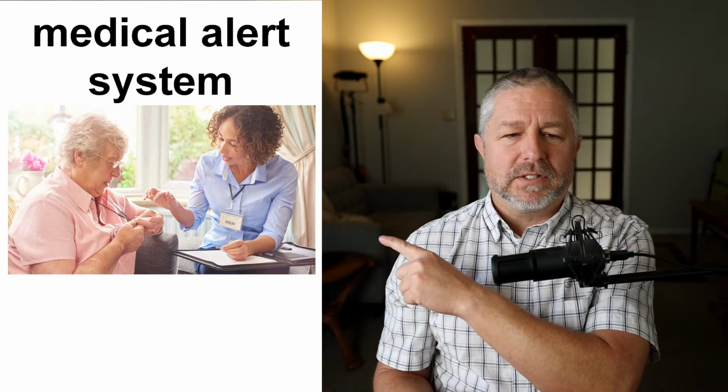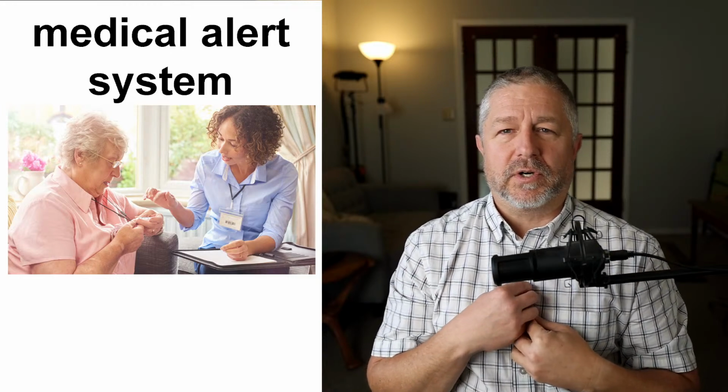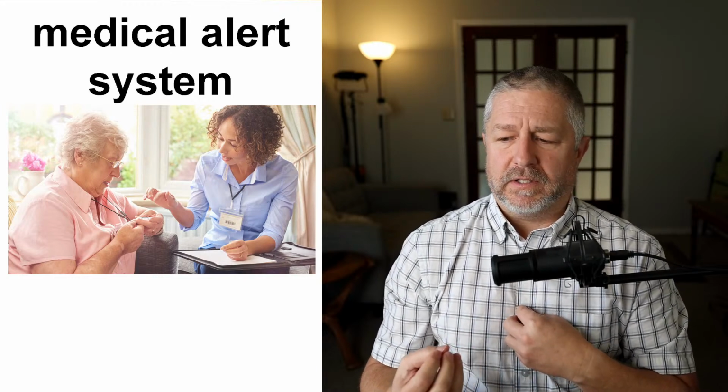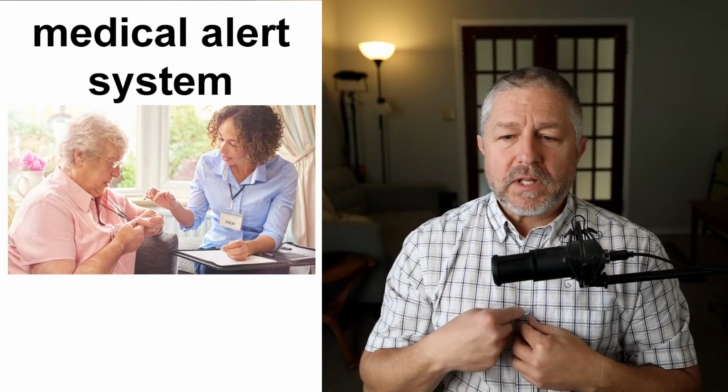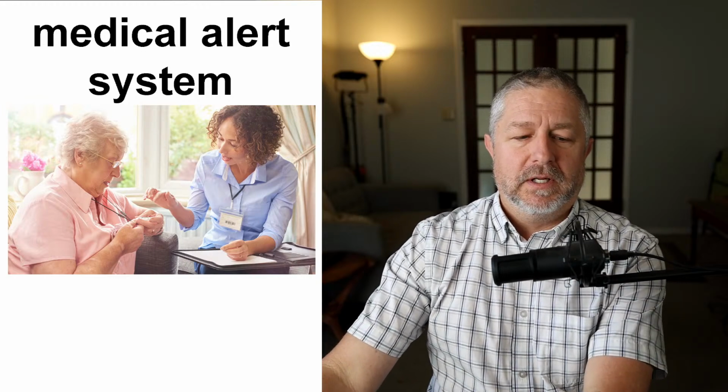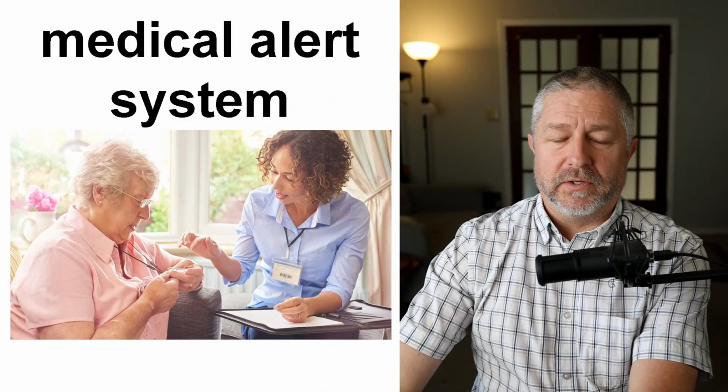If you're old, you might have a medical alert system. This lady, it looks like she's being taught how to use her pendant. There's probably a button on it. If she falls or if she's not feeling strong enough to stand up, she might be able to push that button and then it will alert someone to come and help her. So we would call that a medical alert system.